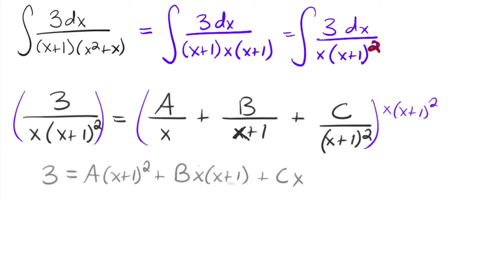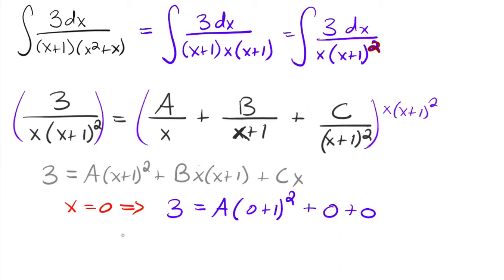Notice that both this term right here and this last term have an x, so we can zero both of these out by letting x equal 0. If I let x equal 0, what I would get is that 3 is equal to a times 0 plus 1 squared, and I would get 0 for both of these. And so a is going to equal 3.